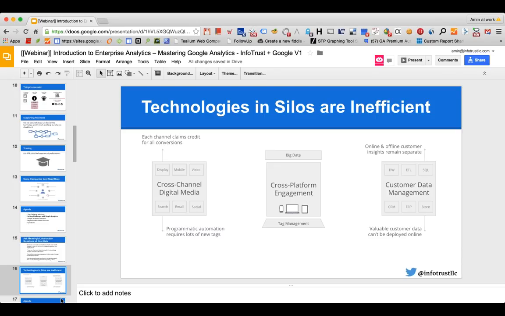And on the right-hand part of this slide, you will see another set of technologies that historically are not natively integrated with the previous tools. Customer data management, the old offline world with CRM systems, where you get offline insights into your customers and valuable customer data that cannot be deployed online because historically all these solution vendors were fragmented. So this is the landscape today. This is the scenario. You have already probably in your organization way different tools, but these tools are fragmented, are siloed.